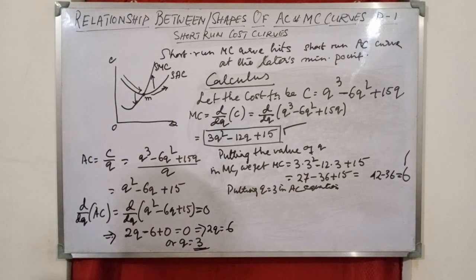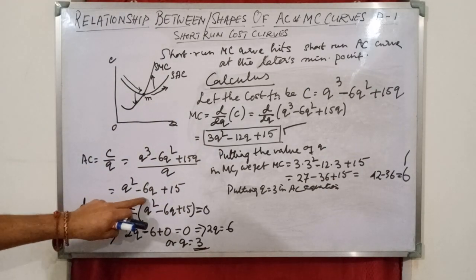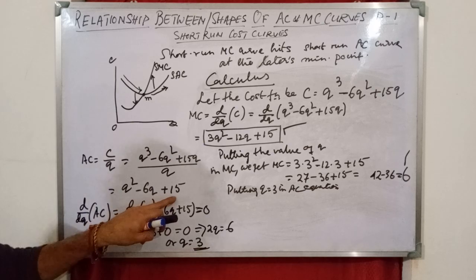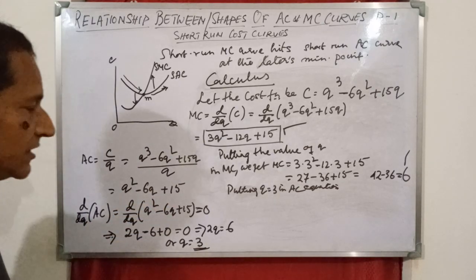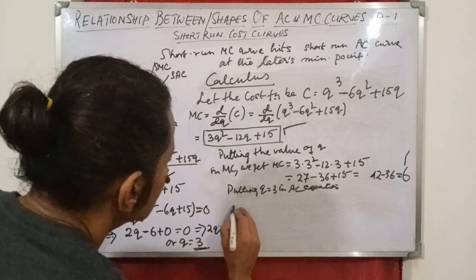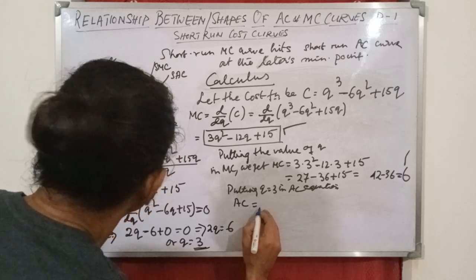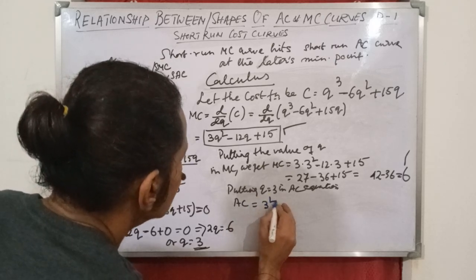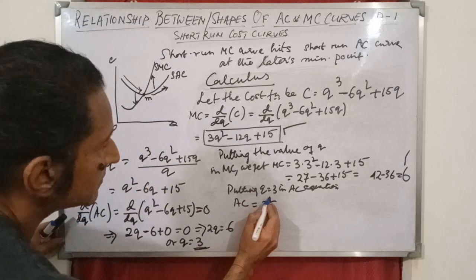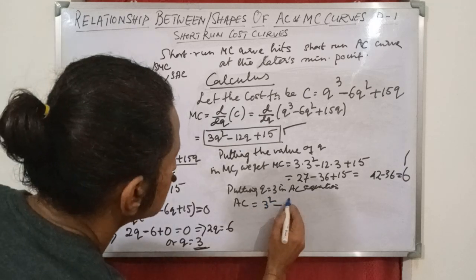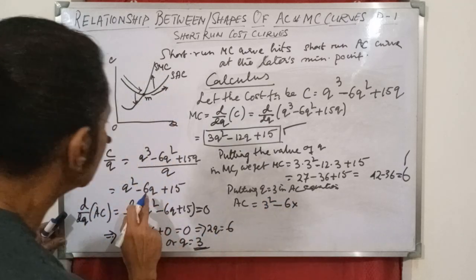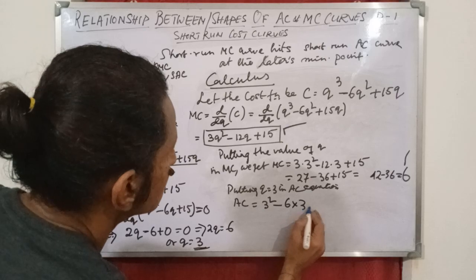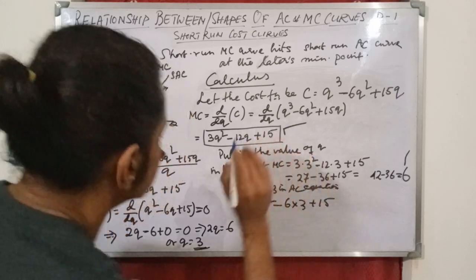What is the average cost? Q square minus 6Q plus 15, and we are putting 3 in place of Q. AC equals 3 square minus 6 into 3 plus 15.